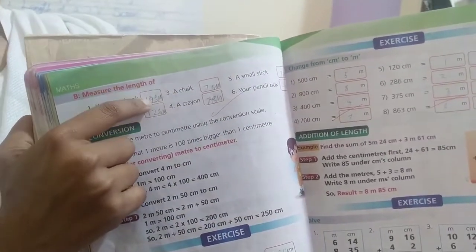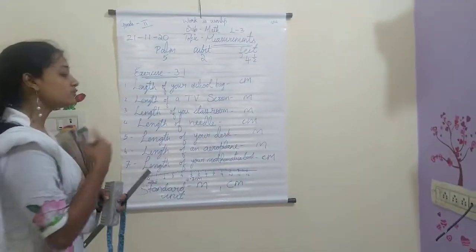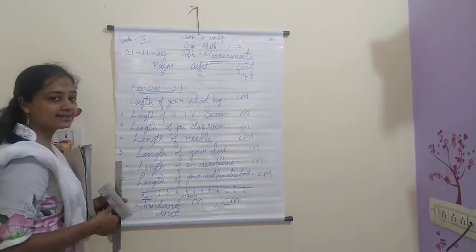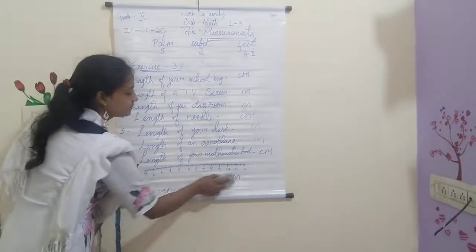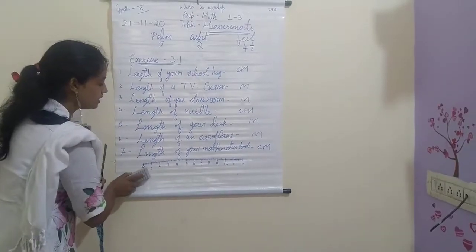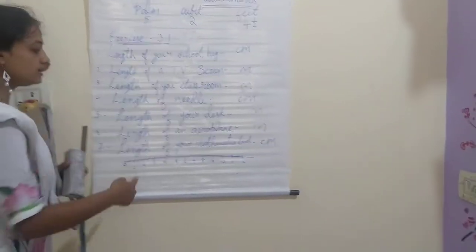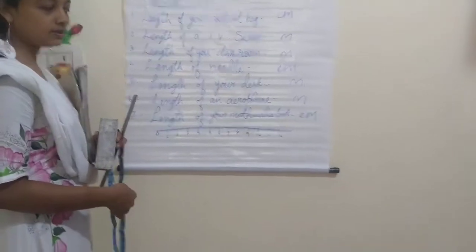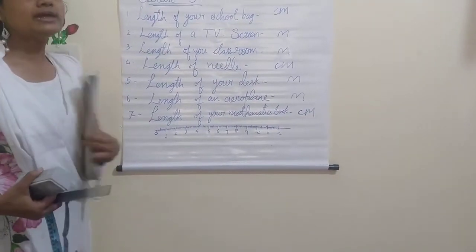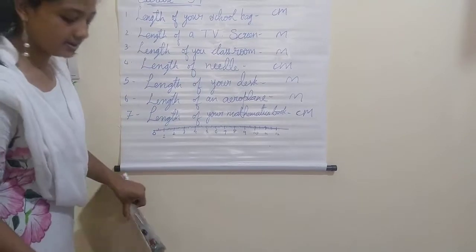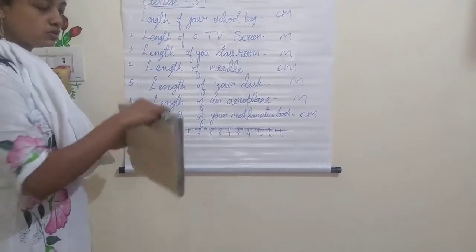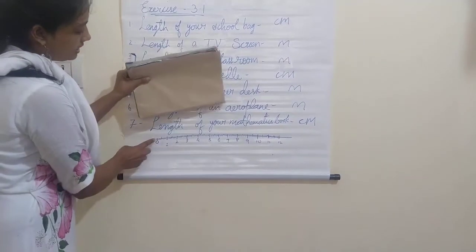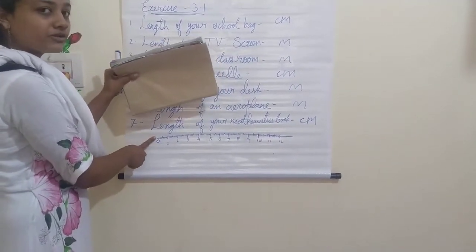Write the numbers here. It's not just centimeters or meters you should write. You have to measure it and write the answer like this. I am going to show you one more example here. On the board, you will be measuring like that. Think of this as my scale. Now I am going to measure my book. Let me write how much my book measures. So what should I do? I should keep the edge at 0. I should start from here.